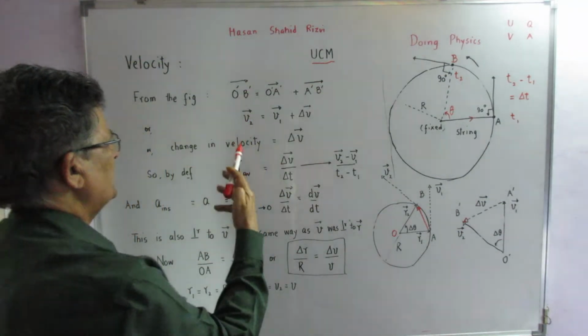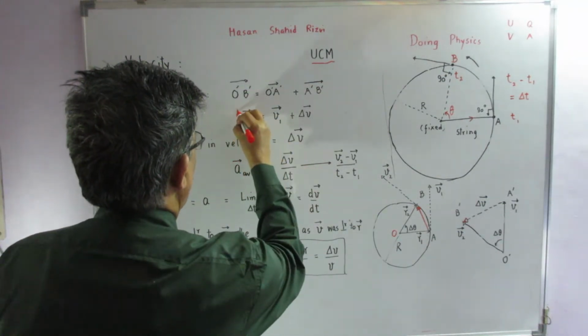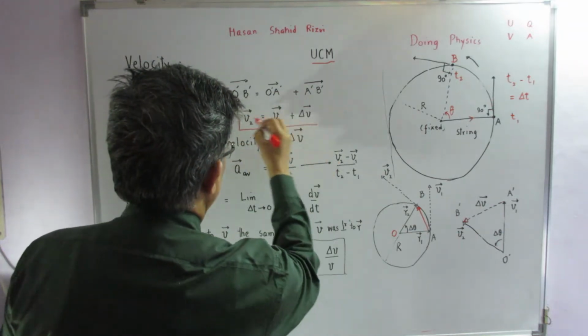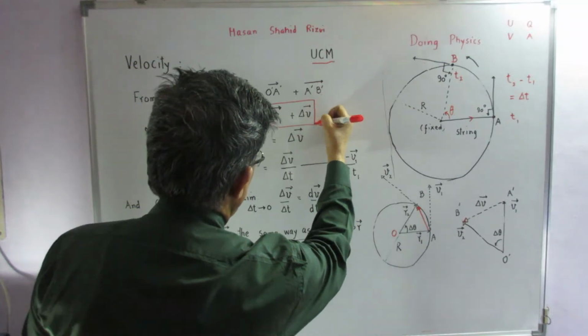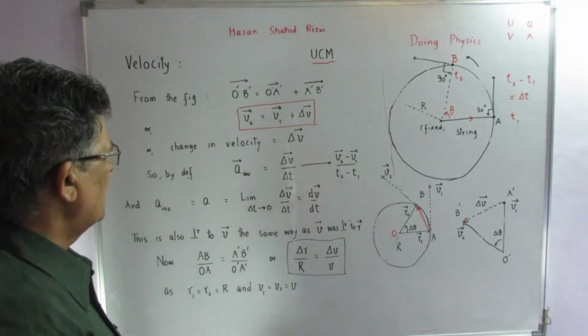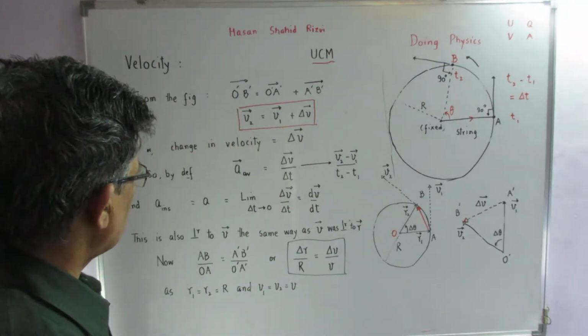This simply gives us the vector V2 is equal to vector V1 plus the change in the value of velocity, delta V.